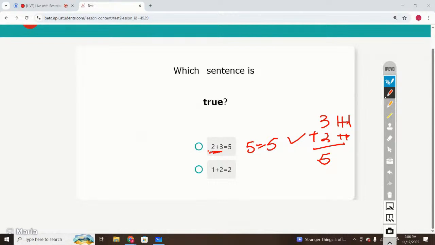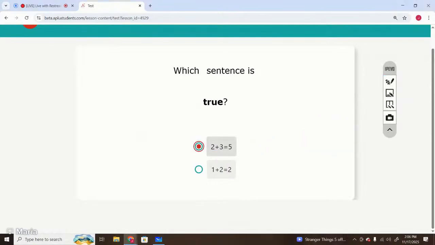So the correct option is 5. So option number 1 is the correct option. 2 plus 3 equals 5.